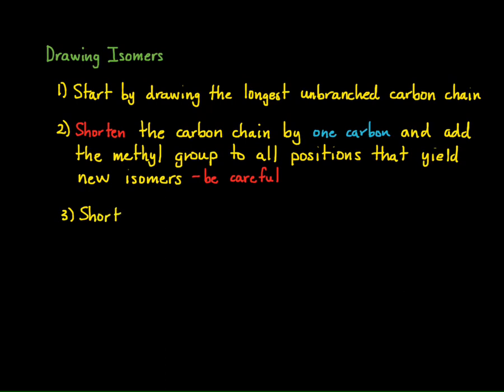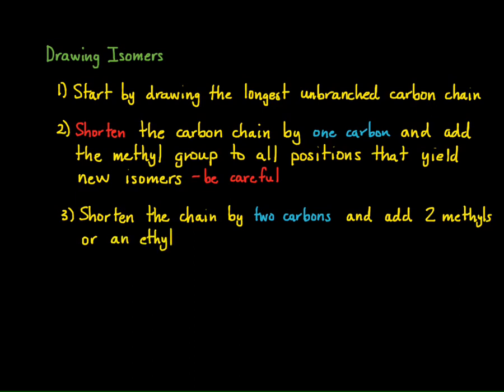And then, of course, once you do that, you're going to shorten the chain now by two carbons. And when you shorten the chain by two carbons, you have either two methyl groups that you can add, or you have an ethyl group that you can add to the existing carbon chain. Again, you have to be careful to make sure that you're not lengthening the carbon chain by adding a particular substituent.